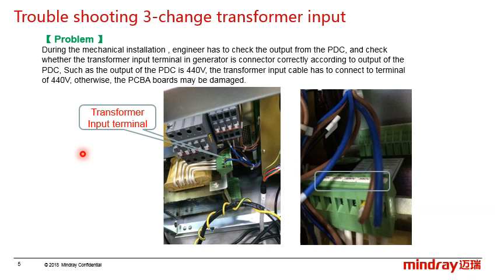During the mechanical installation, the engineer has to check the output from the power distributor cabinet and check whether the transformer's input terminal in the generator is connected correctly according to the output of the PDC, such as if the output of the PDC is 440 volts, the transformer input cable has to connect to the terminal of 440 volts. Otherwise, the PCBA boards may be damaged.